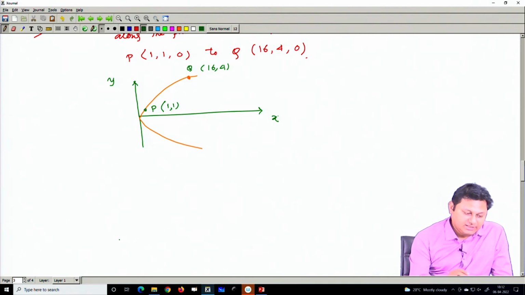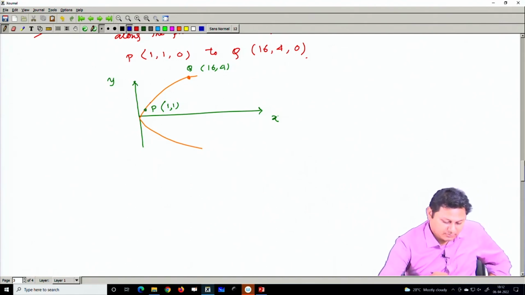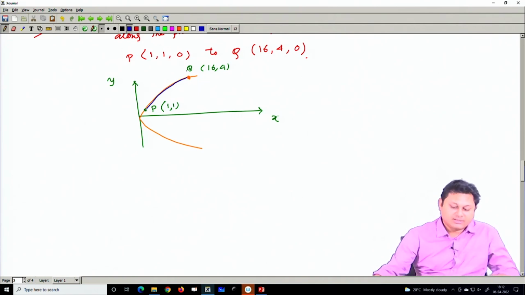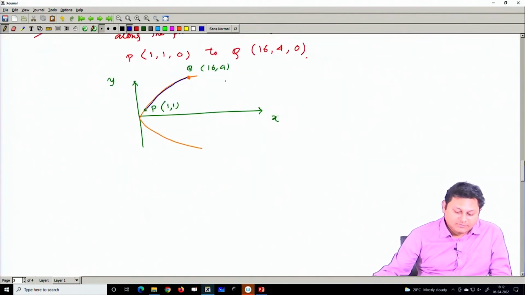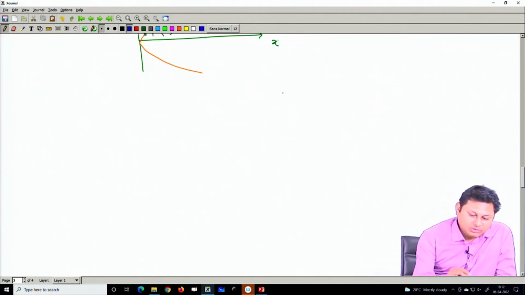Okay. So, I need to integrate from P to Q. This is my line element from P to Q, and I need to integrate the given vector field. I know how to integrate this.